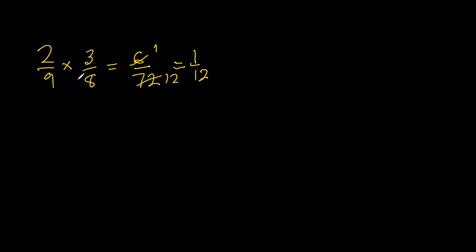I see a relationship, right? I see 8 is what? 2 times 4. So basically, if I divide this by 2, I'll get 4 here. If I divide this by 2, I'll get 1 here. That's allowed, right? Because multiplication is commutative, meaning you can switch these numbers around because they are multiplying, right?